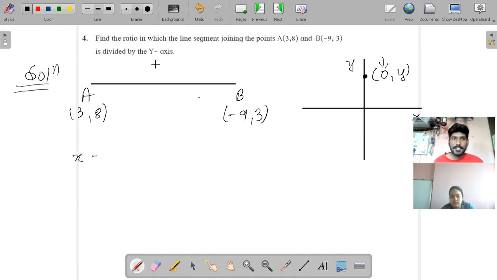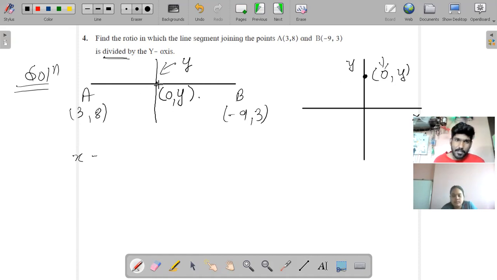So what they're saying is that this segment AB is cut by the y-axis. Suppose this is the y-axis. Divided means it is cut by the y-axis. So this point will be of the form 0 comma y.